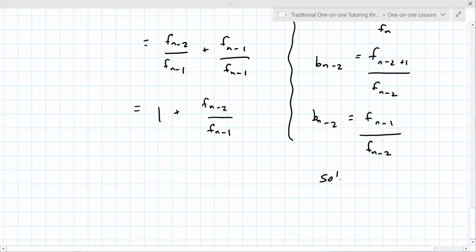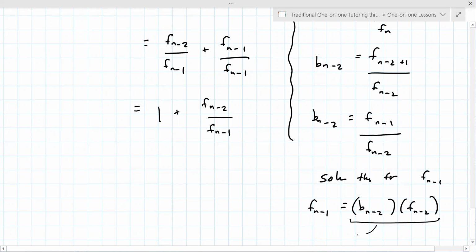And if you solve this for Fn minus 2, I think that's what we want, or Fn minus 1. Yeah, let's solve it for Fn minus 1. You get Fn minus 1 equals Bn minus 2 times Fn minus 2. And this right here, you substitute right there, and you get something nice.